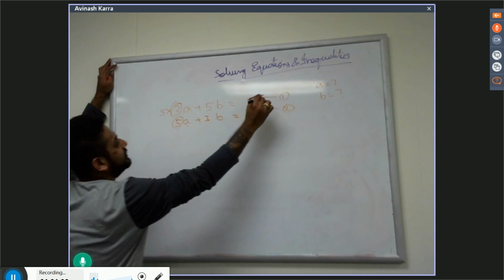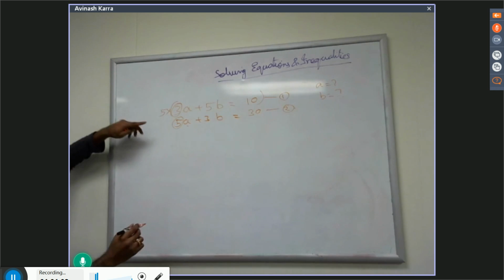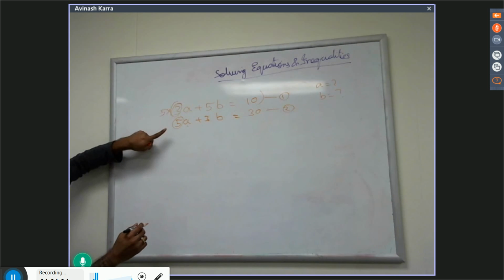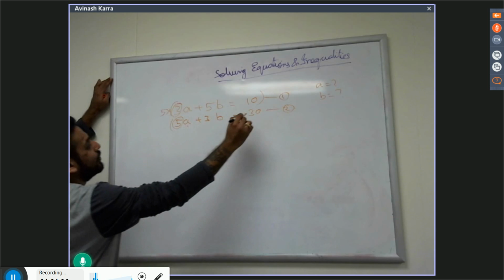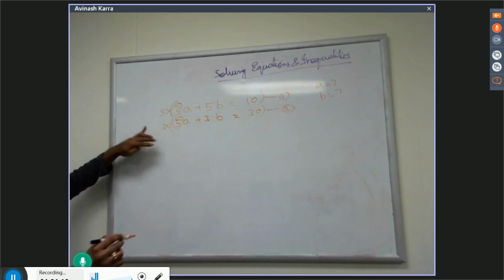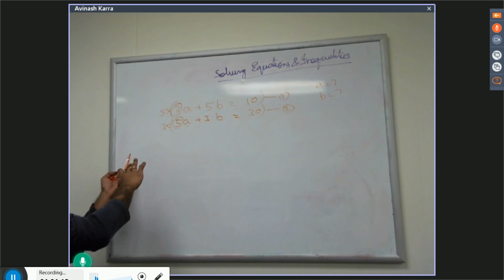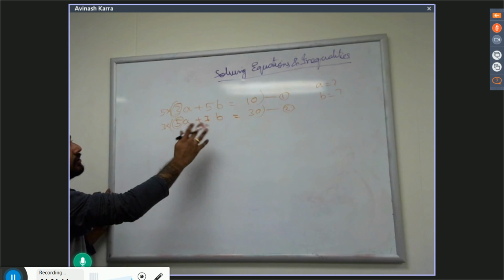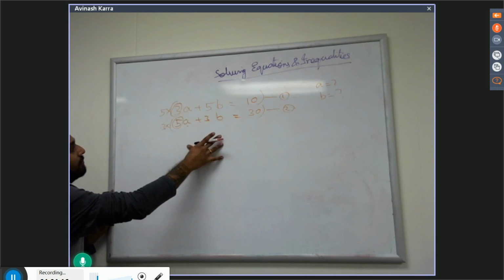the whole equation with 5, and if I multiply the whole of equation 2 with 3, whether the value changes? No, I'm just manipulating its form. That's it.